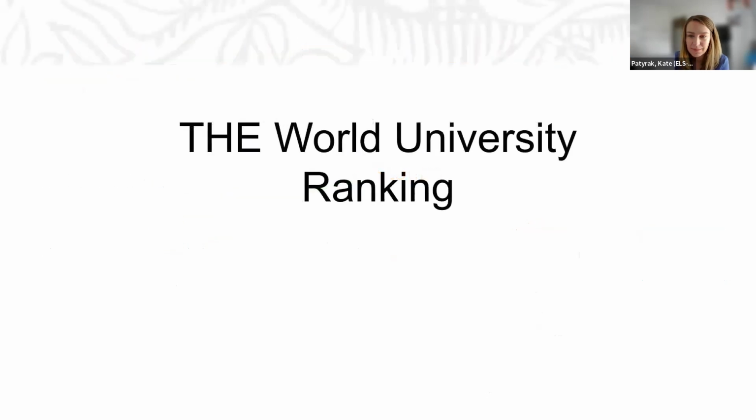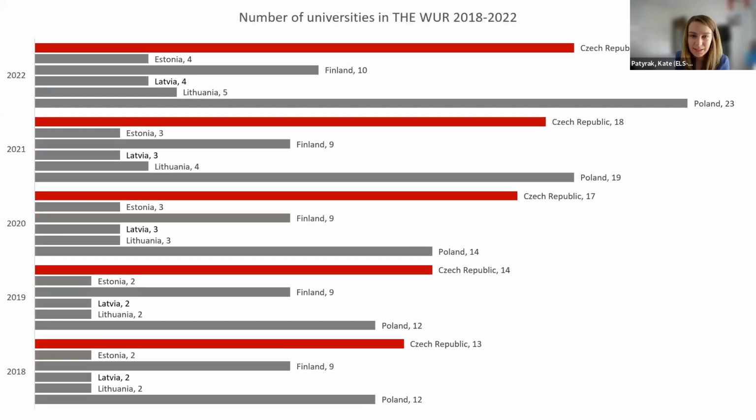Okay, I think that's almost it. I would just like to give you a small teaser of what Bartek is going to show you in a minute. First of all, what we can see in THE World University Rankings. Here is the number of universities that showed up between 2018 and 2020 in THE World University Ranking.